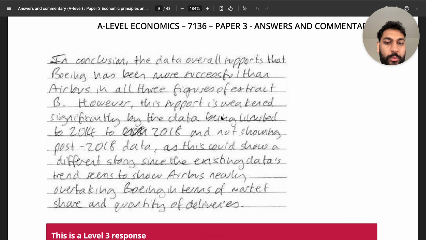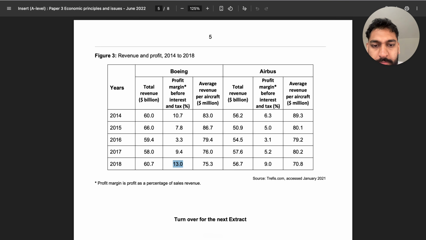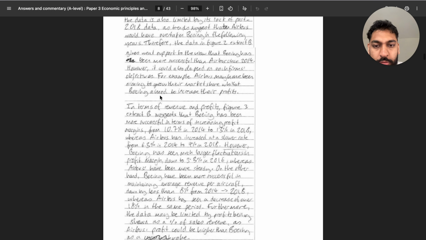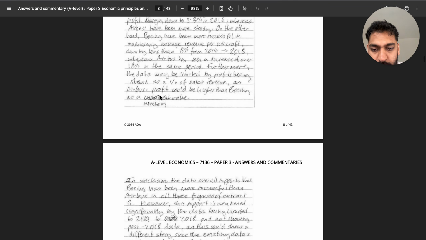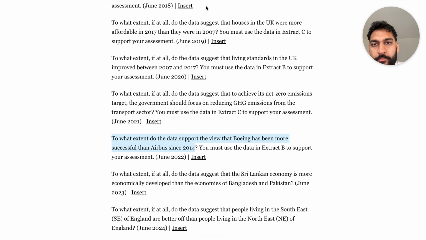However, the support is weakened by the fact that the data is limited from 2018 onwards, and you can give your own points as well, but it's also not showing whether Airbus eventually caught up to Boeing.